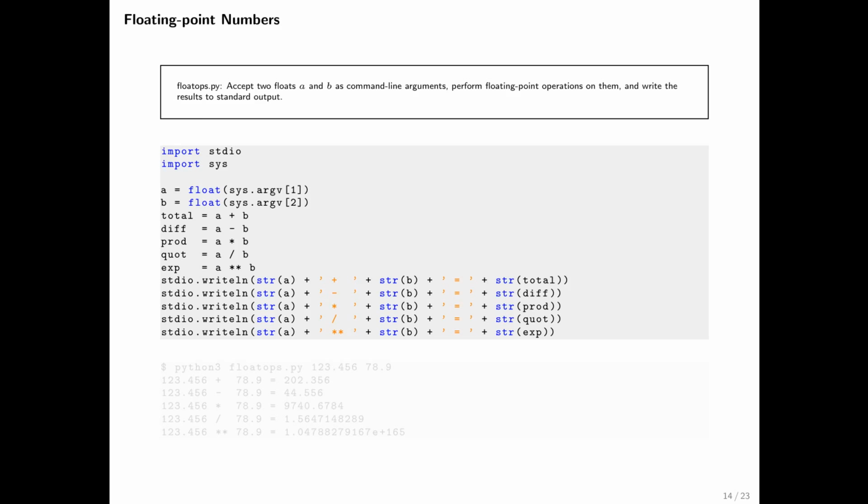So now let's look at a program called floatops.py, that illustrates how you work with floating point numbers and how you perform operations on them. This program, similar to intops.py that we saw before, accepts two floating point numbers, a and b, as command line arguments, performs floating point operations on those numbers, and then writes the results to standard output or the terminal.